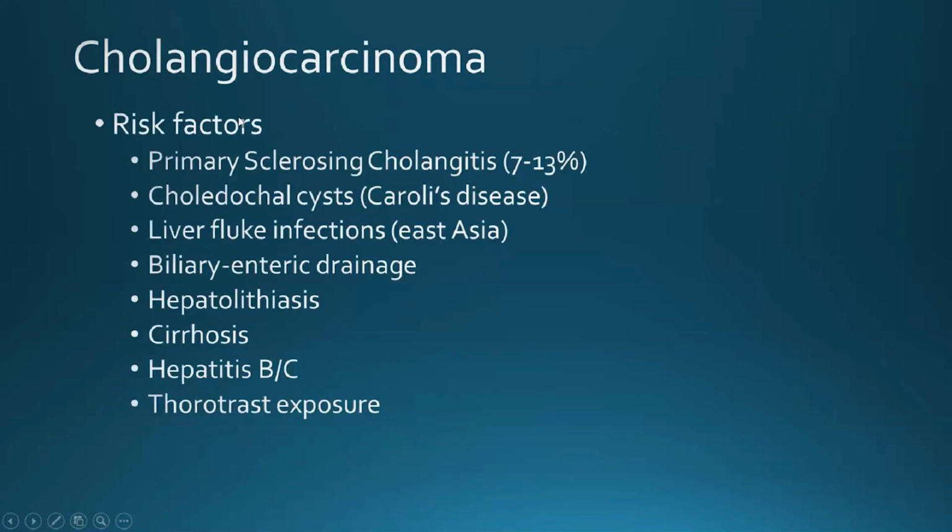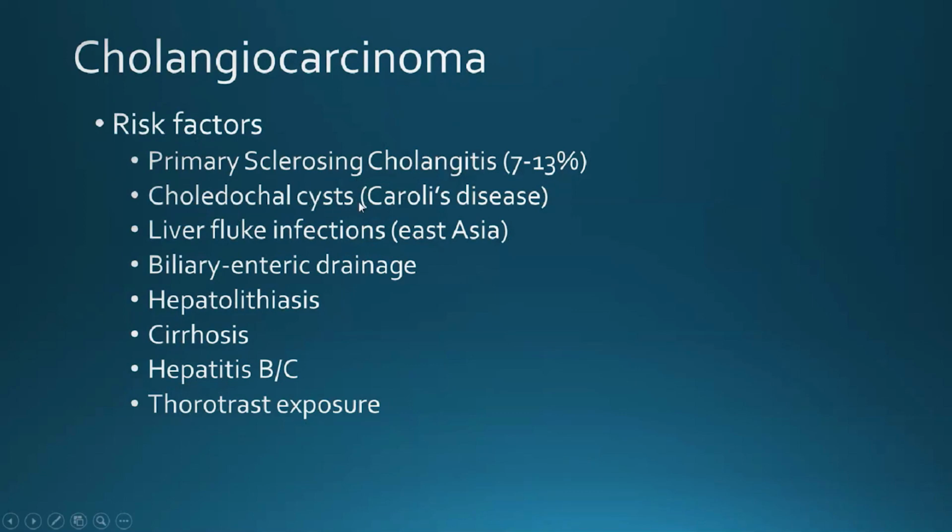So the risk factors for the tumor: with primary sclerosing cholangitis, about 7 to 13% of patients develop cholangiocarcinoma, and that's why with these patients we have to watch them very carefully with serial imaging, ERCP, and brushing if they have a stricture in the common bile duct, continuing to do brushing and also testing for cytology.